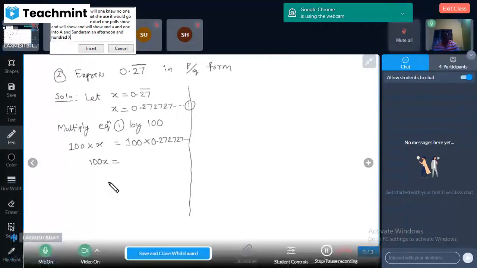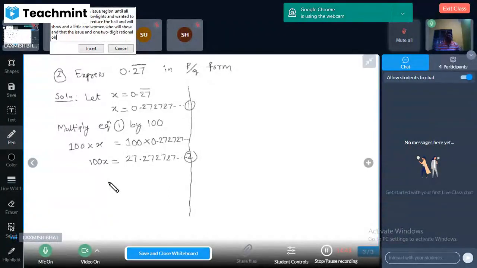So it becomes 27.2727 and so on. So this is equation number 2.